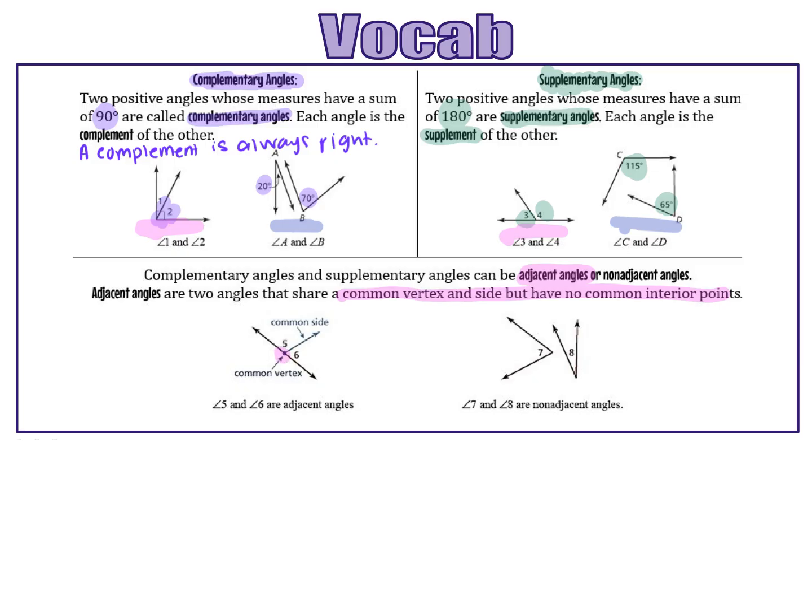So they have a common vertex and a side in common, but they don't have any overlapping portion of their angle. Similarly, a non-adjacent angle is an angle that doesn't have a common vertex and side. So these are non-adjacent angles. They're disconnected. When I think about the word adjacent, I think about touching. Like they are angles that are touching. They share a side and a vertex.